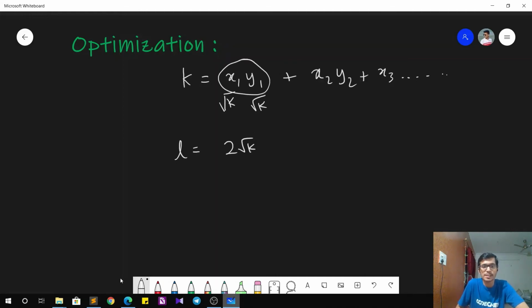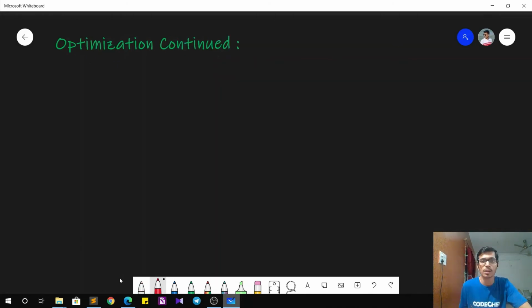So we can say that at any state, whatever be the number of terms, the length of the resultant sequence is going to be at most 2 root k. So this is our observation: for any given k, the maximum length can be 2 root k.